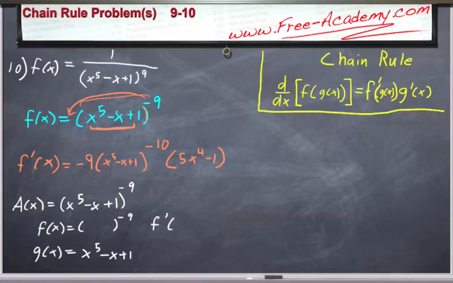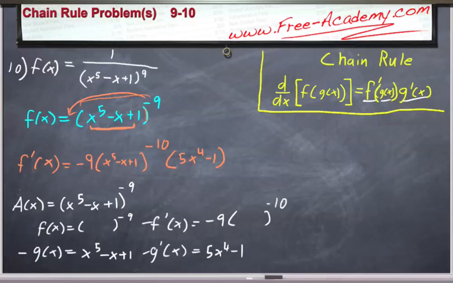The derivative of f is negative 9 parentheses to the negative 10, and the derivative of g of x is 5x to the fourth minus 1. So we have g of x, f prime of x, and g prime of x, everything we need for our chain rule. Let's plug our values in and see what we get.